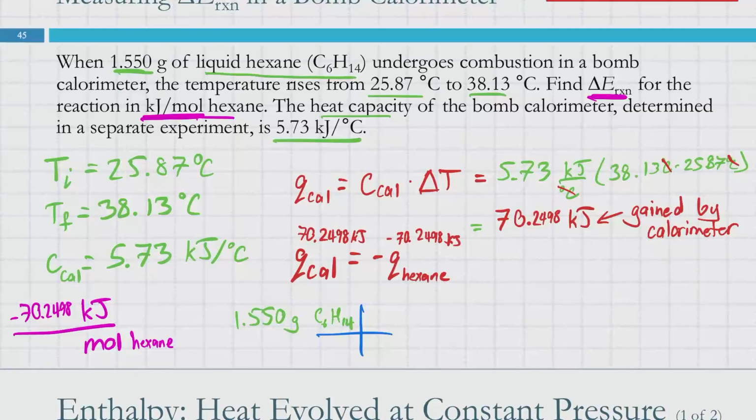So 6 times 12 plus 14 times 1, 86.178 grams per mole. So 0.01 and change moles of C6H14.